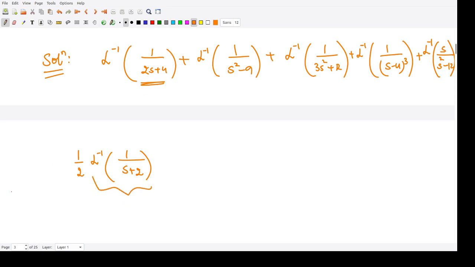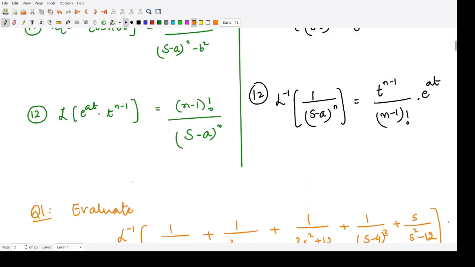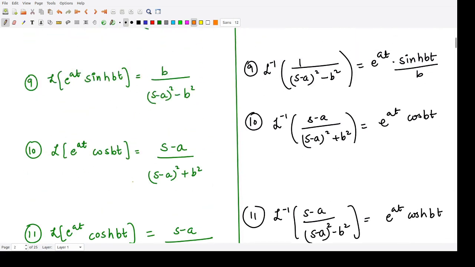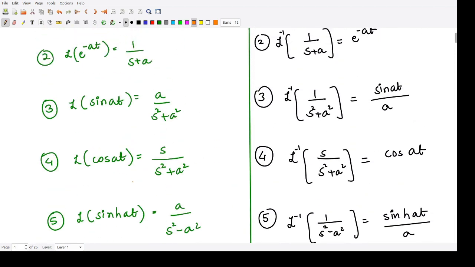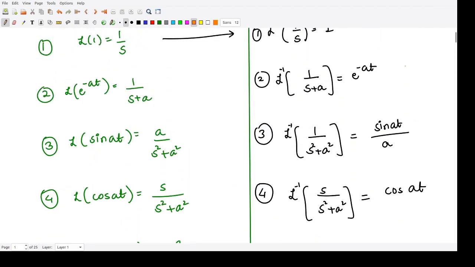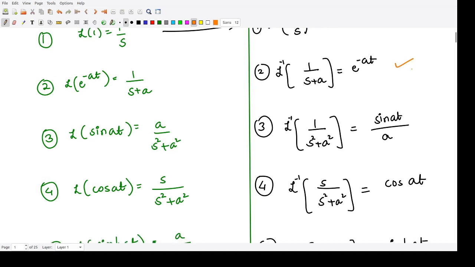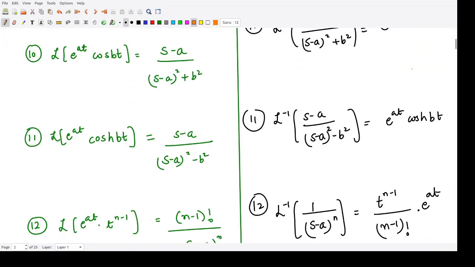It is equal to e to the power minus 2t. So because of the given formula. What was the formula? Because of this first shifting property, using this result, we have the Laplace inverse of that first term.